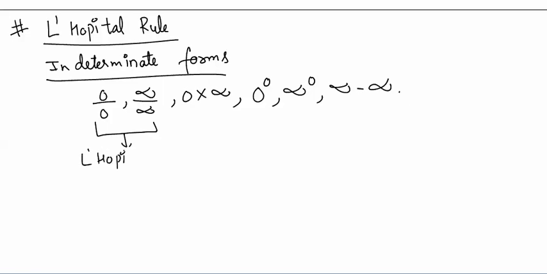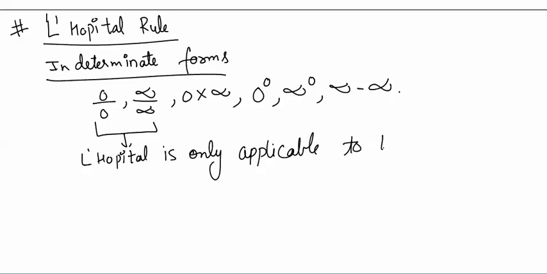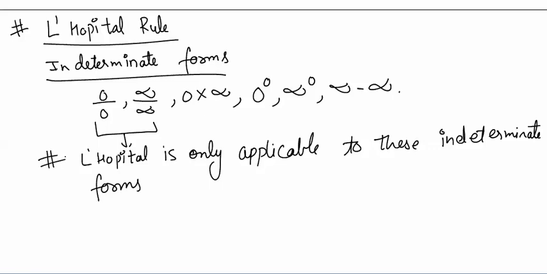You can put it as a note, L'Hospital or L'Hopital is only applicable to these indeterminate forms, right? So you have to be very very careful in this particular regard. What about these other cases then? These cases first need to be converted to 0 by 0 or infinity by infinity, and then can be used for L'Hopital rule, right? So we'll understand some examples before we get into this particular thing, right?